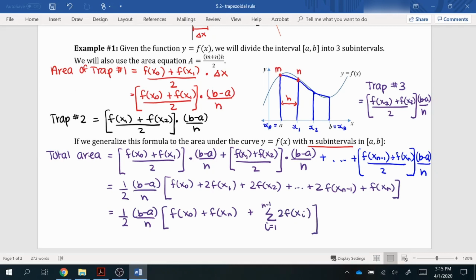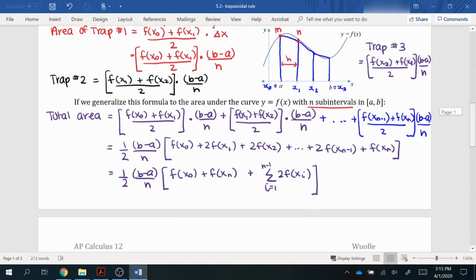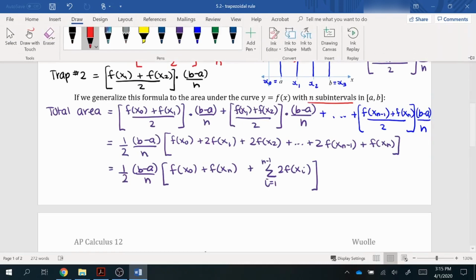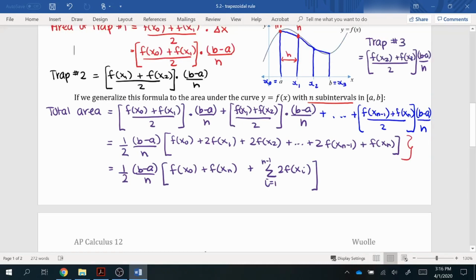Now, if we want to, we can continue to expand this, and we could expand our b minus a over n back in and rewrite it. So you'll see a bunch of different options of how you can write this. But usually the most common one is this guy right here.